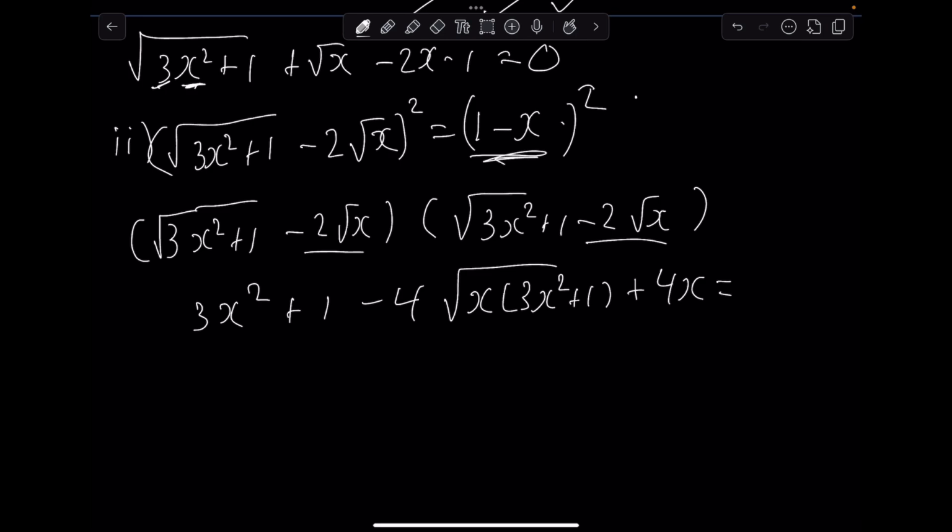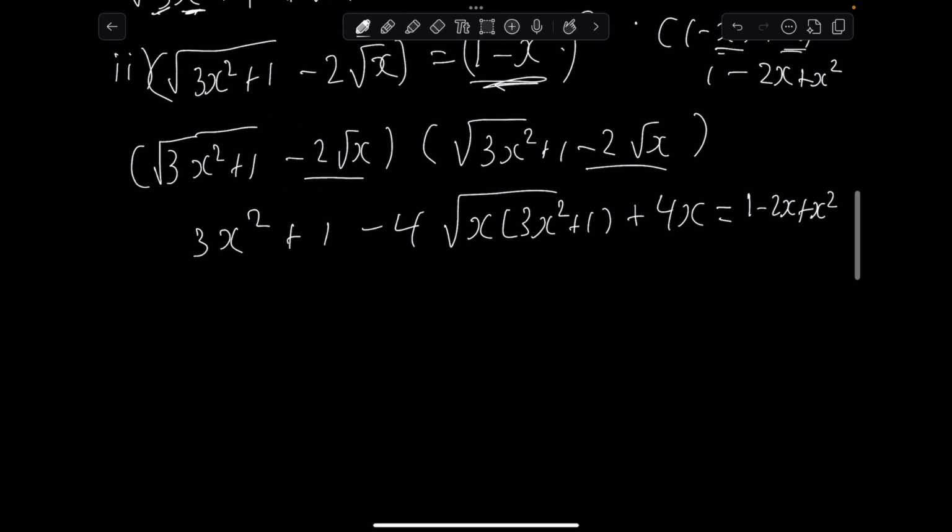Now we need to expand 1 minus x squared. So 1 minus x is 1 minus x times minus 1, so minus 2x, and minus x times minus x is plus x squared. So 1 minus 2x plus x squared. Okay. Now actually we see this root term is negative, so we want to take it to that side, and then all these terms to that side.